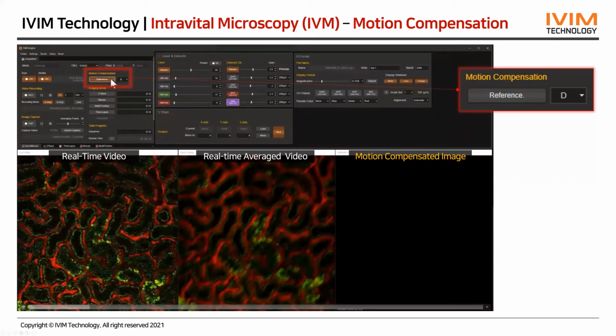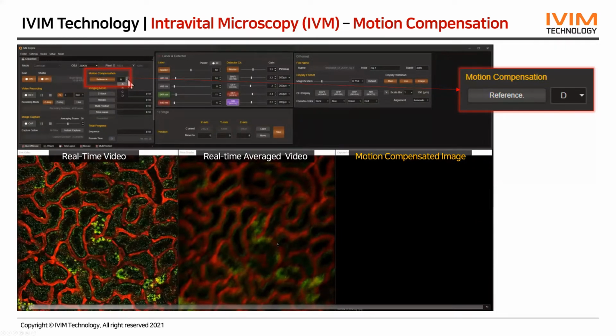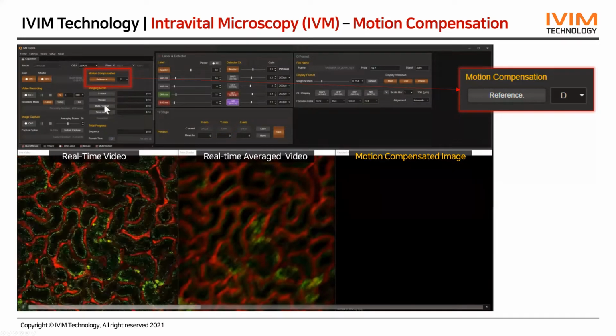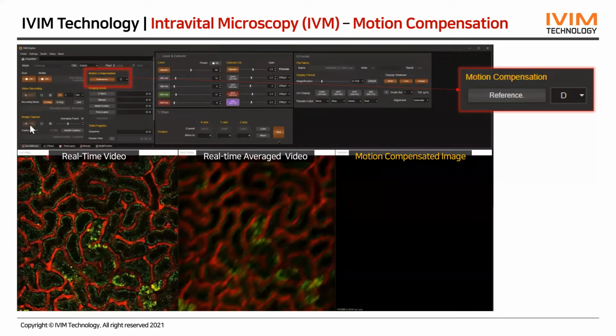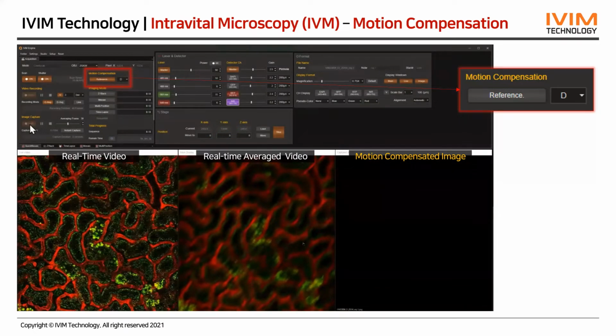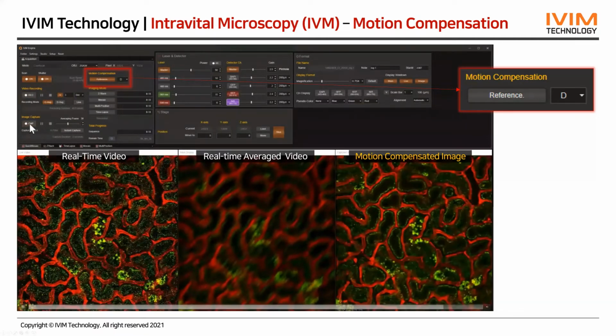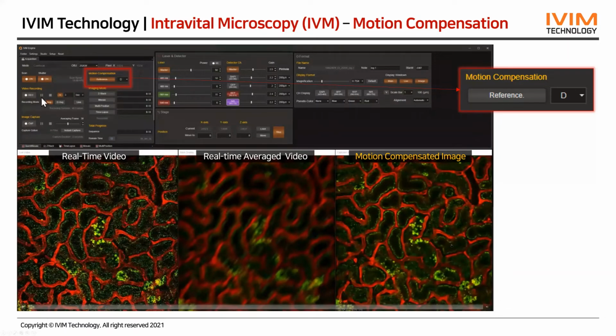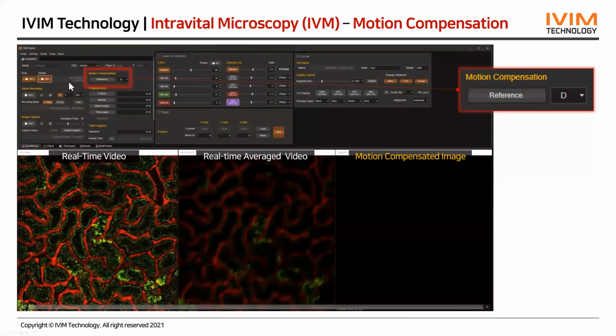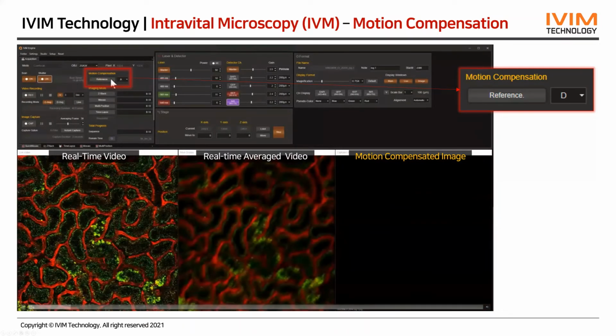In the middle, what you're looking at is the real-time averaged images, and this is what you will get without the motion compensation. But with this automatic motion compensation function, we can guarantee you can get higher resolution motion compensated imaging from this kind of tissue movement.